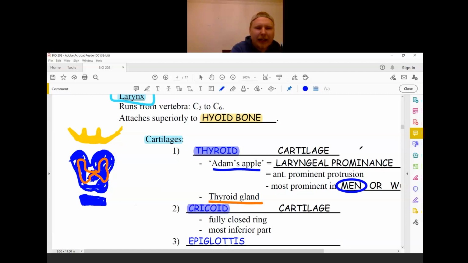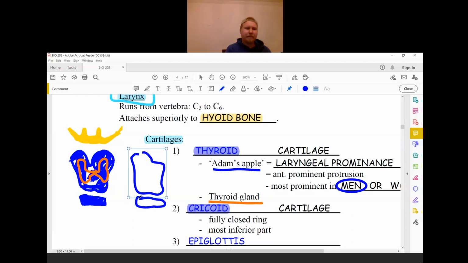So I'm just going to add our thyroid cartilage here and our cricoid here. So this is the front, and this is going to be side view.